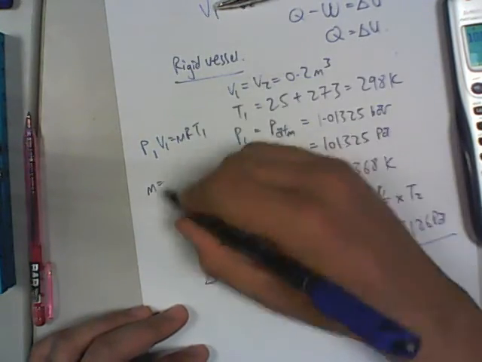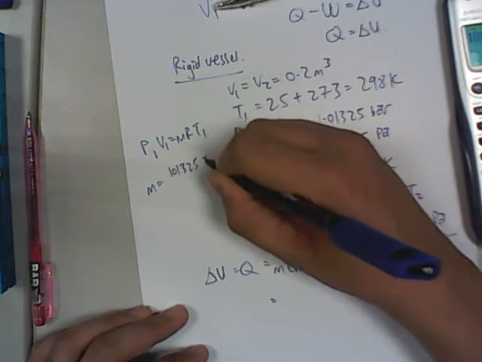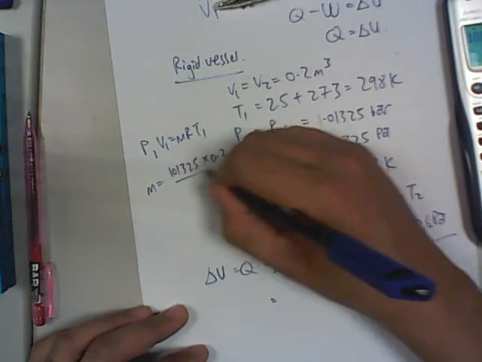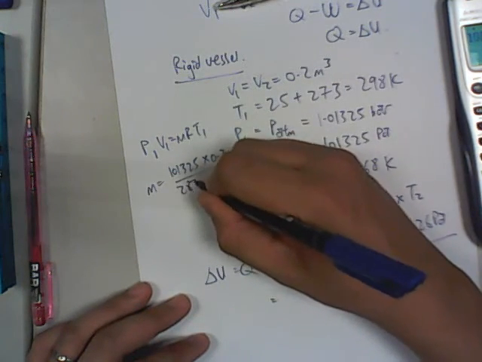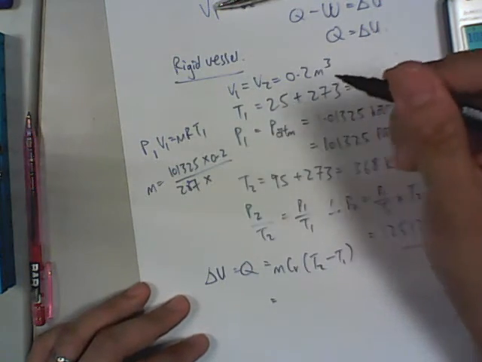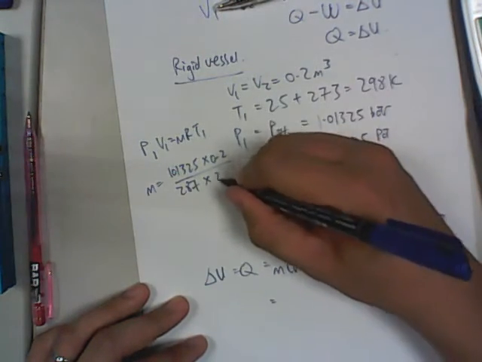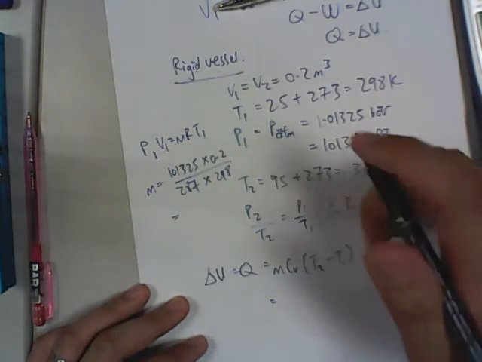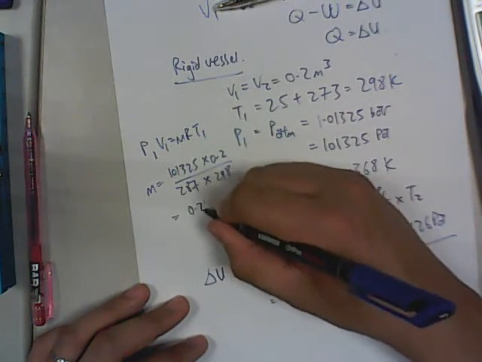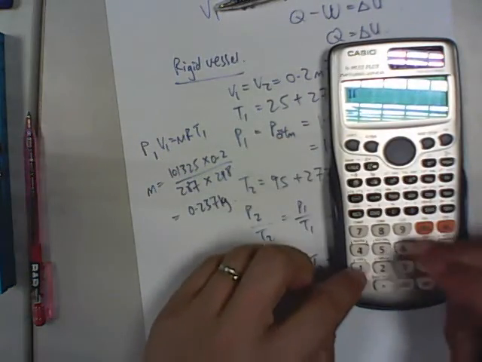So my mass is 101325 times 0.2 over, this is air, so the R is 287, times temperature 1, 298. So it's 0.237 kilograms.